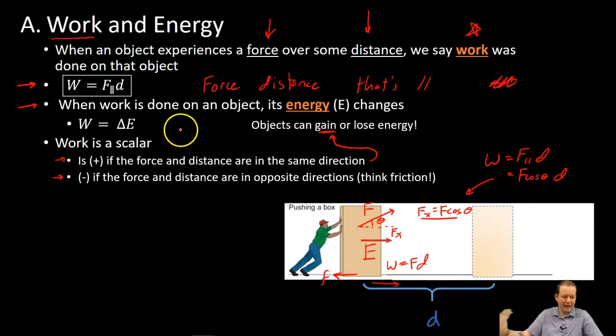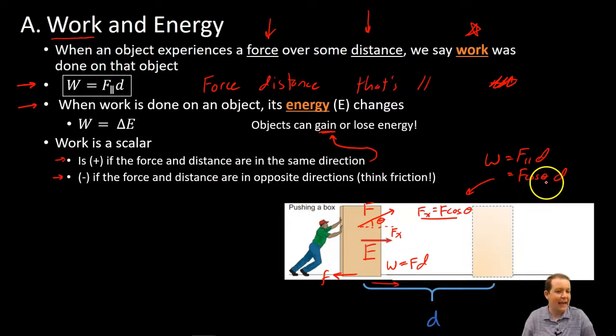It takes away, right? It's fighting you. So the work being done by the frictional force, its force multiplied by this displacement, they're in opposite directions. We're going to use a negative work to indicate that. And by the way, that makes sense also trigonometrically, because if my angle was 180 degrees, cosine would be -1. You get a negative work. But that means it's losing energy.